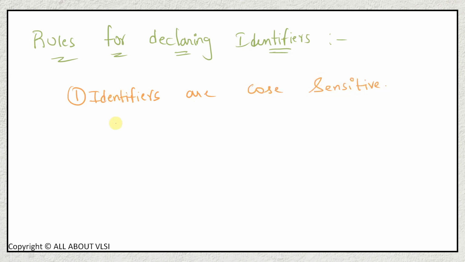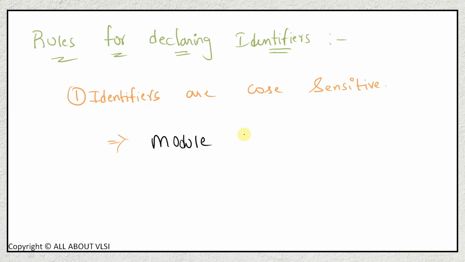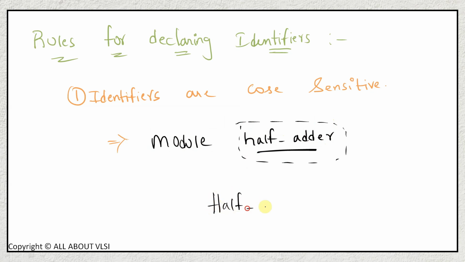That means if you declare any identifier, let's say suppose half underscore adder, then you should only use these small letters, that is small half underscore adder. You cannot use HA half underscore adder with H capital in another module. You cannot call this module. So basically these are case sensitive. This is different and this one is different because you are using a capital letter.